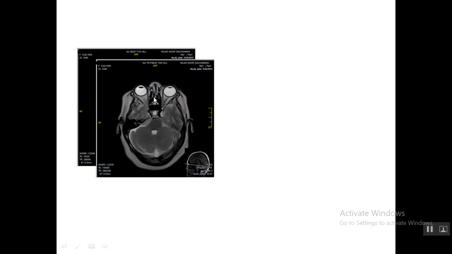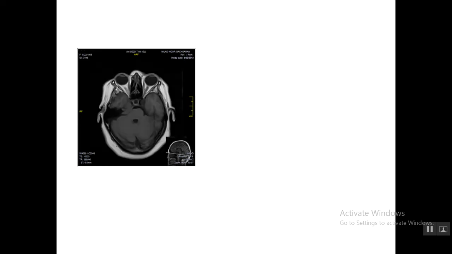On T2 images, the signal intensity of fluid such as brain fluid is bright. Here, notice please, this is a T2 axial image. The signal intensity of the aqueous humor and CSF are bright, and this image is T2, and the signal intensity of fluids in T1 appears dark, such as here, or a low signal intensity. So this image is T1.